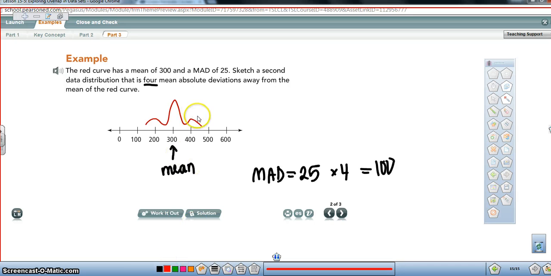So we could sketch it at 400, the same kind of shape, but 100 this way. Or if we go in the other direction, 4 mean absolute deviations would be 100 away, and our curve could be here. These new curves are 4 mean absolute deviations away from the original curve because they are 4 times 25, or 100, away from the mean of the original curve.